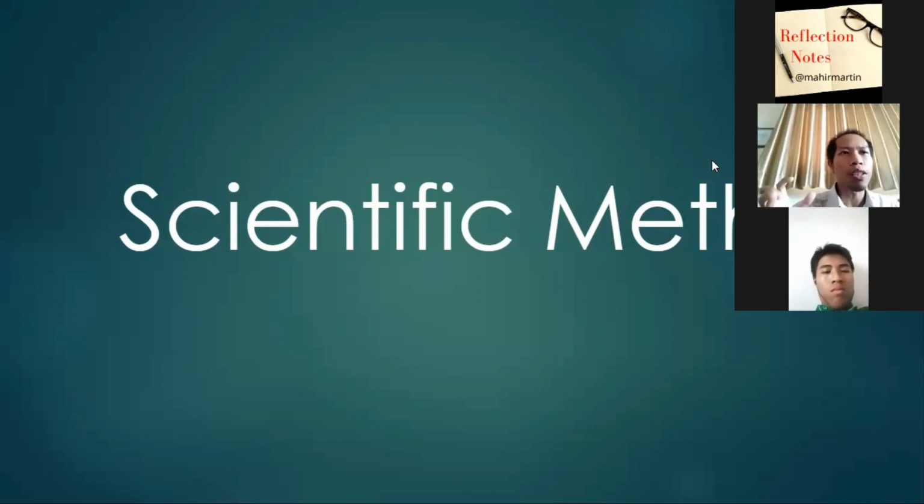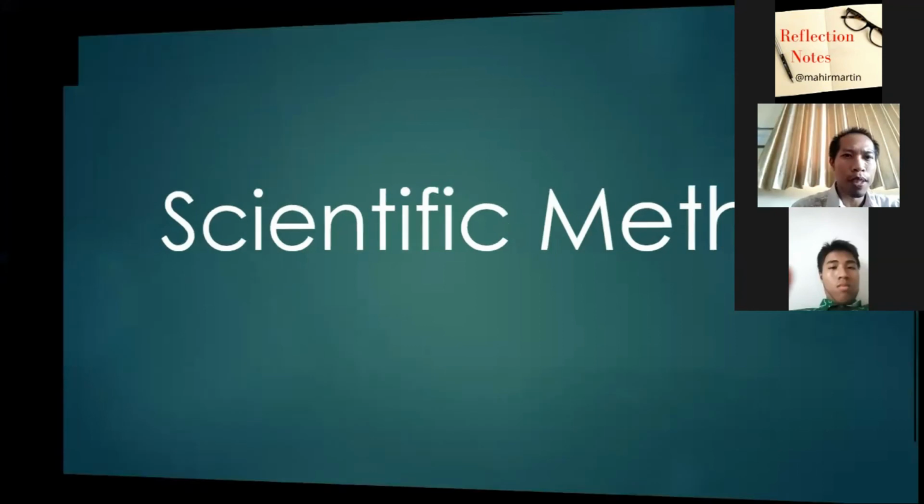If you want to become a chemistry student, then you have to see things with chemistry eyes, and chemistry is a science, so you have to know scientific ways or scientific methods. I think you are familiar with this one, the scientific method. There are some steps that you have to follow when you are talking about scientific methods. Let's see what those steps are.